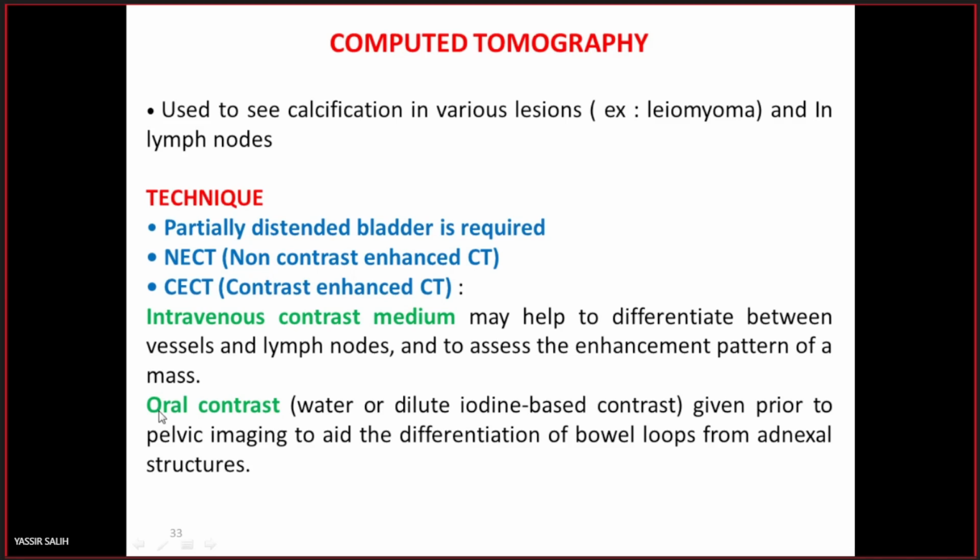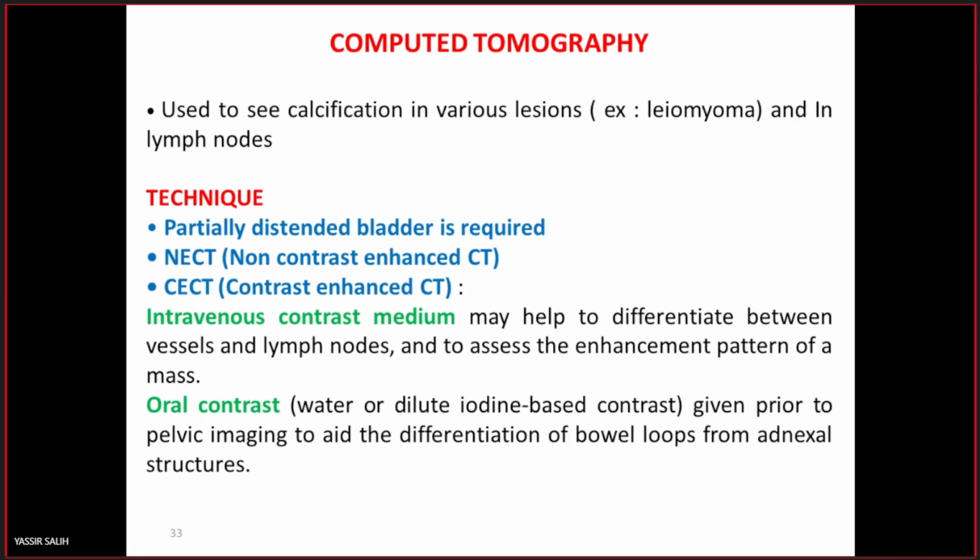Of course, sometimes we give the patient oral contrast. Oral means the patient takes it through the mouth, and then the contrast goes through the stomach and bowel. This contrast within the bowel helps us in differentiation of the bowel from the pelvic structure, especially the adnexial. If we have, for example, an adnexial tumor or any pathology in the adnexa, and the patient did not receive oral contrast, the anatomy is not clear.